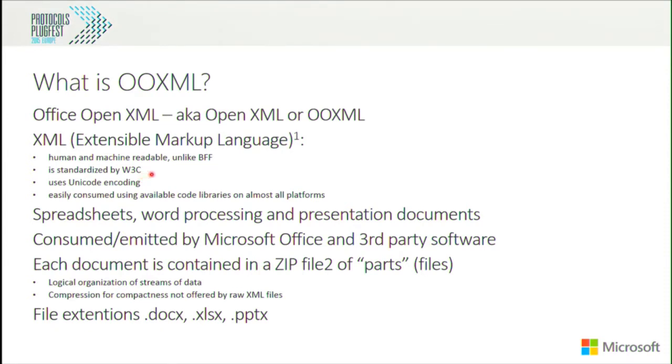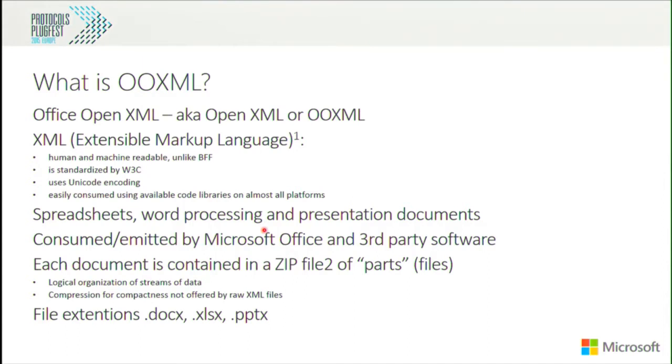It's standardized, so we're already based on a standard. Unicode gives it universal applicability. And because XML already has a lot of code base out there for processing, it makes it a lot easier for implementers to get into this.